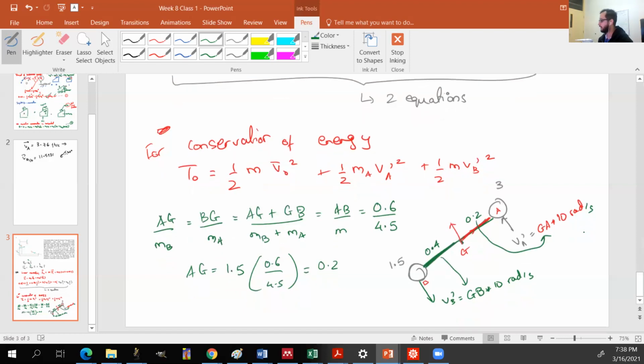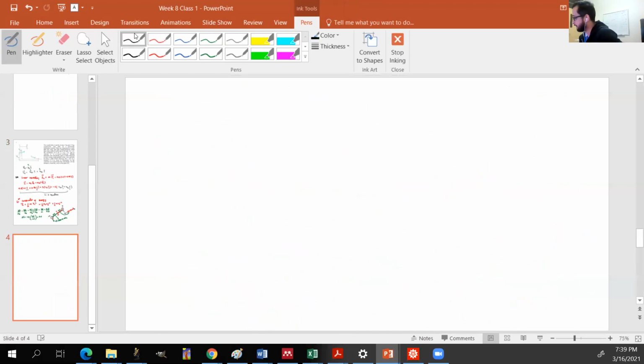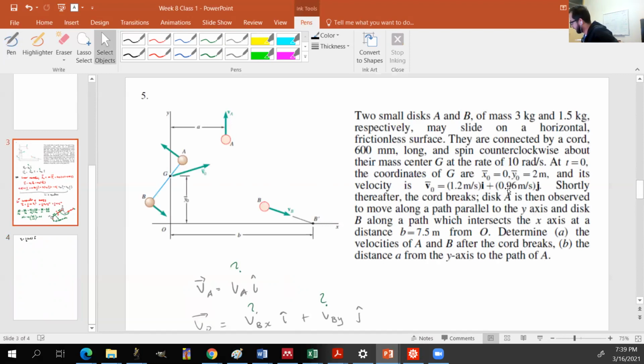So you end up with an initial kinetic energy. So your initial kinetic energy ends up being T naught is equal to, I'm just plugging in now. So we have 1/2 times 4.5. So that's the total mass of the system times the V naught velocity squared, right? So I'm just going to take the components and square them.